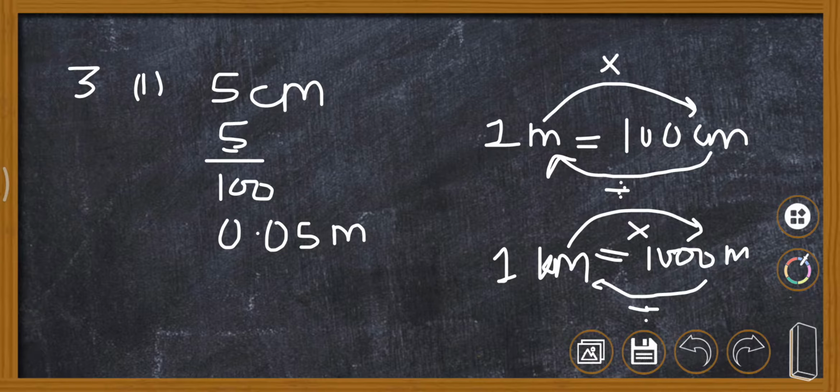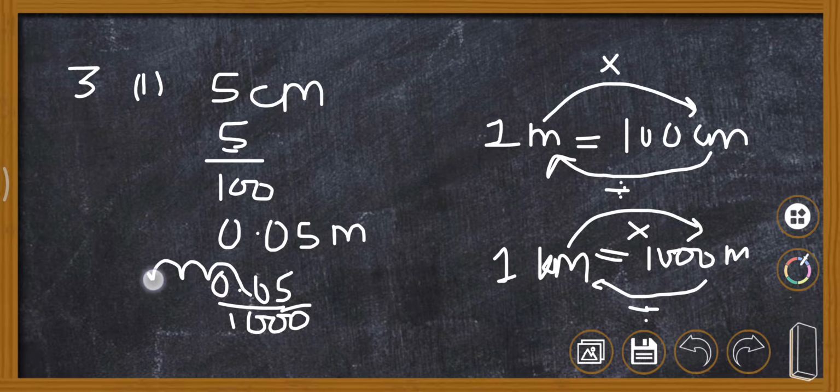So here we will divide it by 1000. 0.05 divided by 1000, then again the decimal moves 3 jumps, 1, 2, 3, so 0, 0, or here also 0.